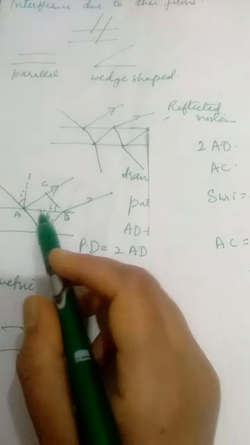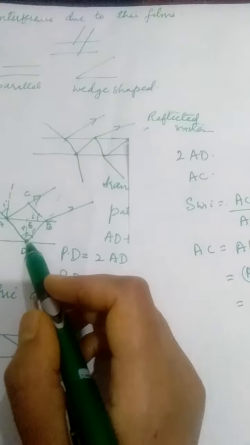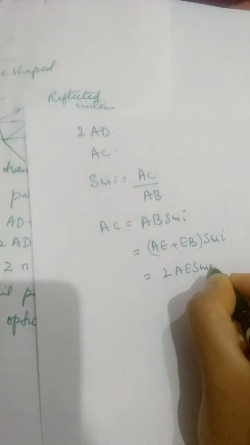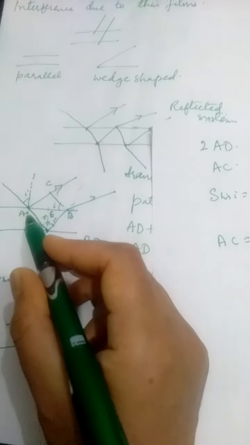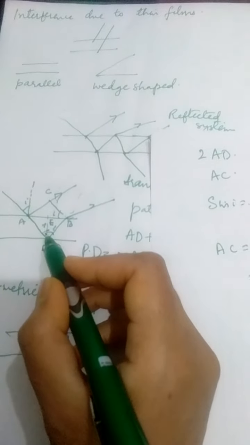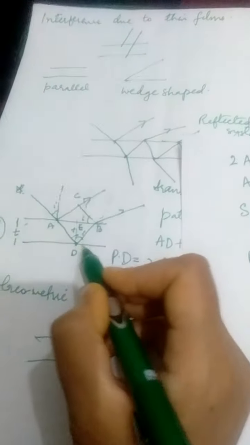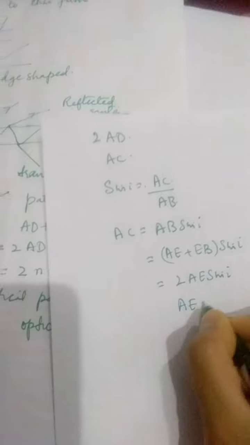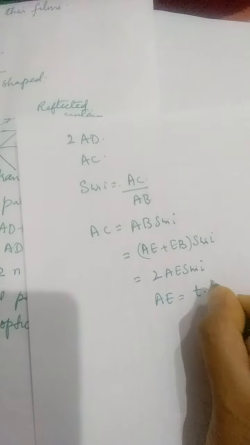Since this AE and EB are same, we can write it is twice AE sine i, right? Now let's try to find this AE. You can find this AE from this right angle triangle. If t is the thickness, that is the value of DE is equal to t. Therefore, you can find that this AE is actually t times tan r.